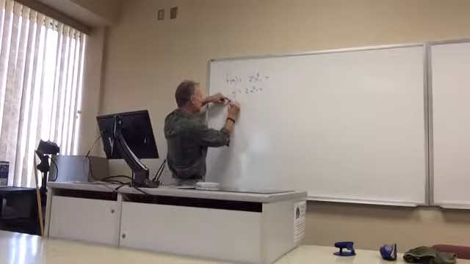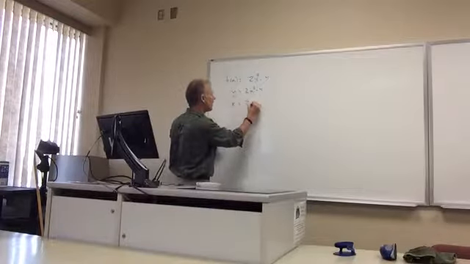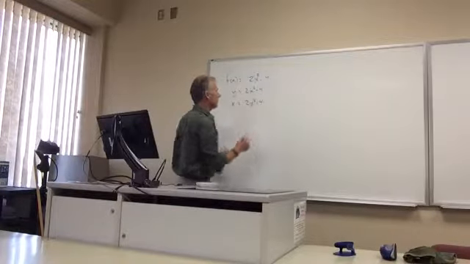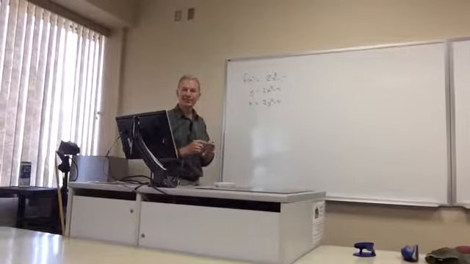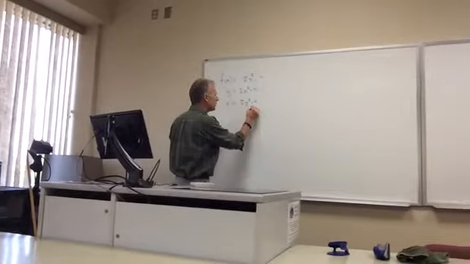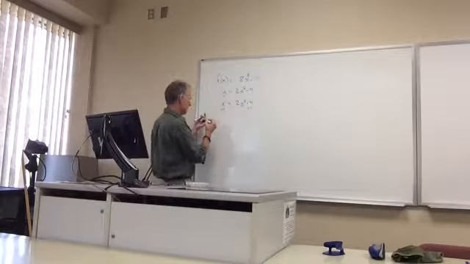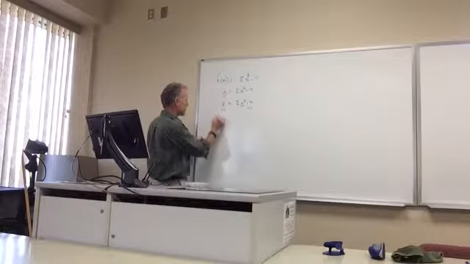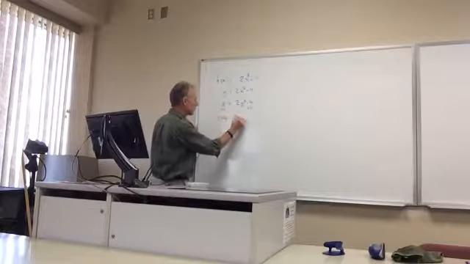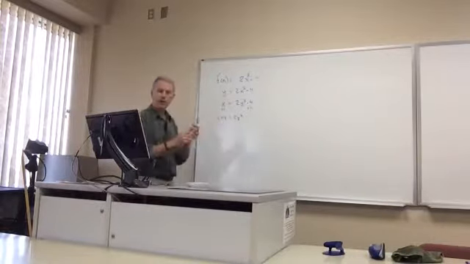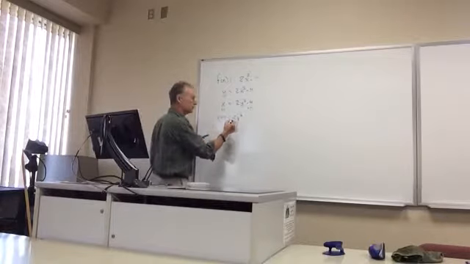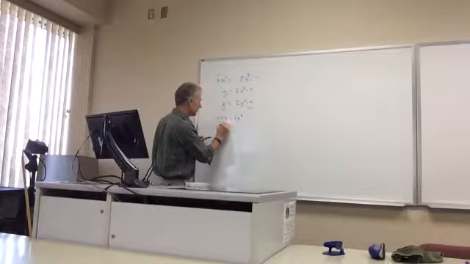Okay, so now this will become x equals 2y squared minus 4. Now what? Solve for y. So I'm going to go plus 4, plus 4. Now what? Good.